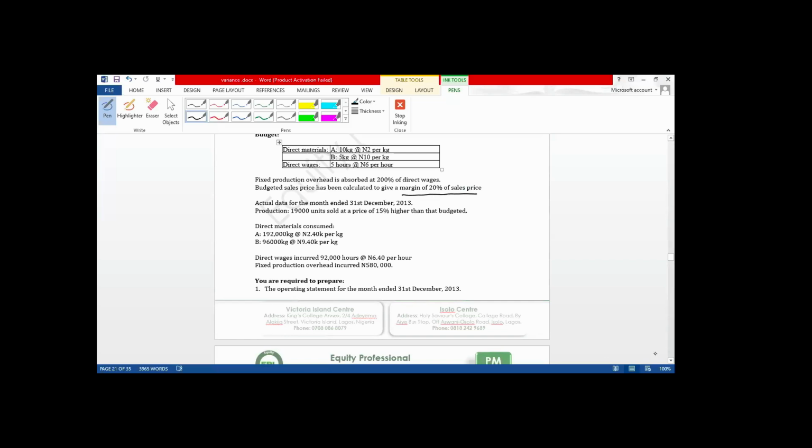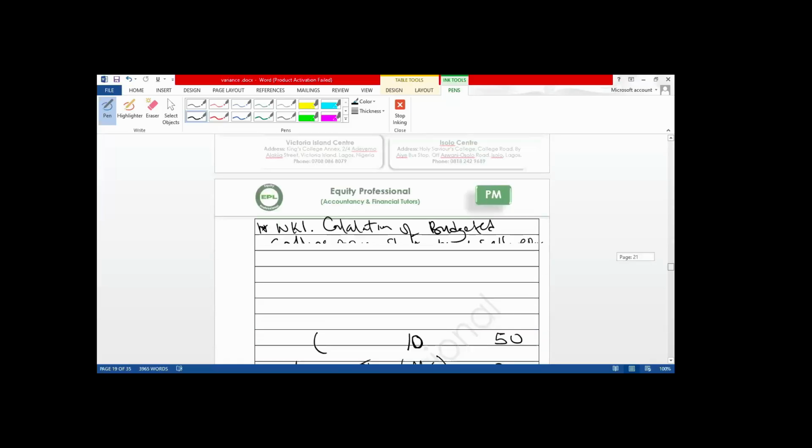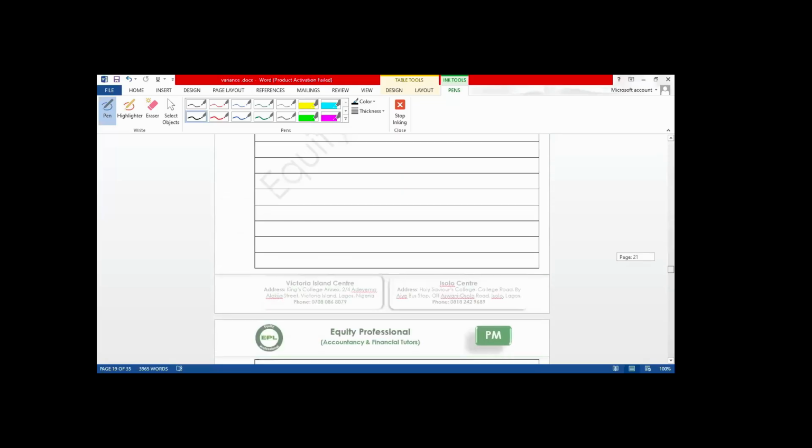Margin is calculated on sales price. But I don't know the sales price yet. My budgeted profit per unit, I don't know yet.